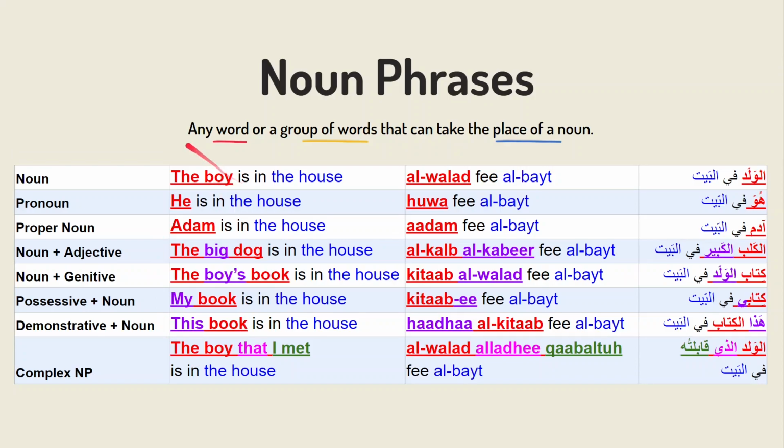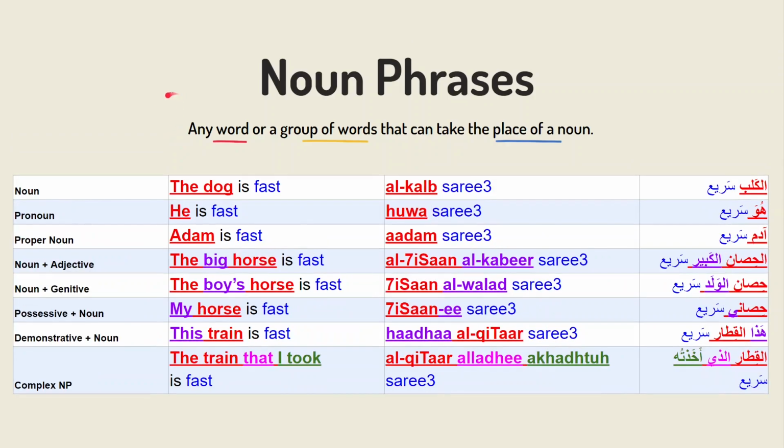Let's take other examples. So here, for example, we can do a sentence that is like noun phrase is fast. So X is fast, or the dog, in this case, the dog is fast. الكلب سريع.